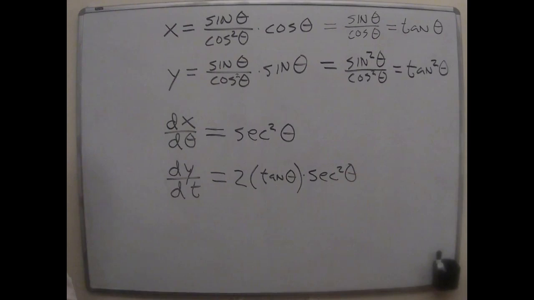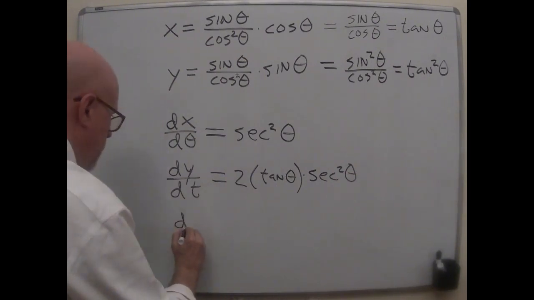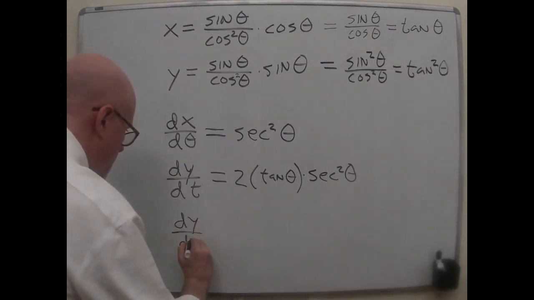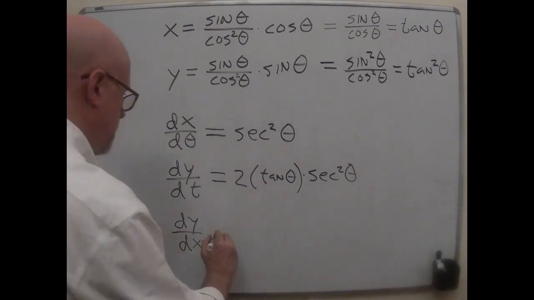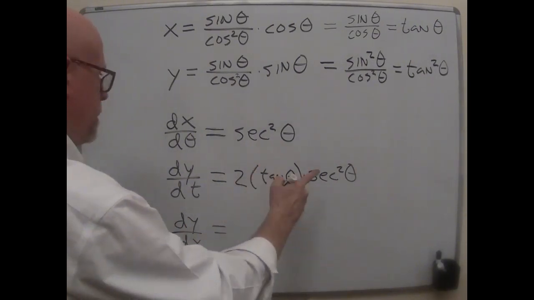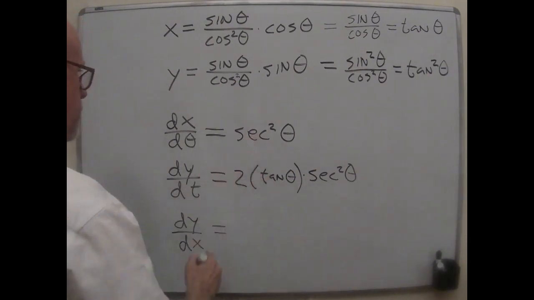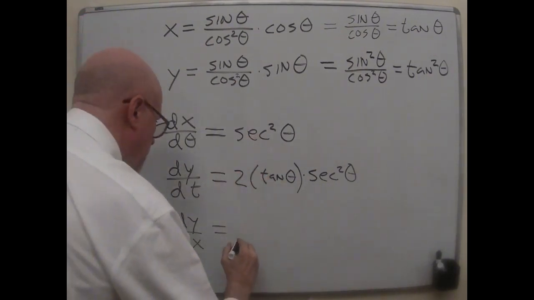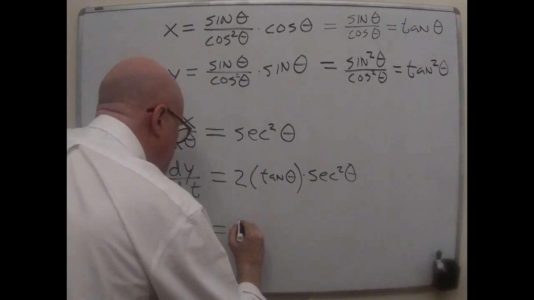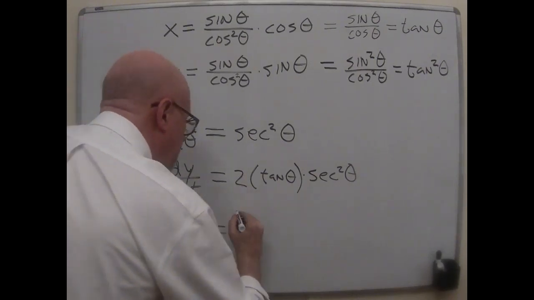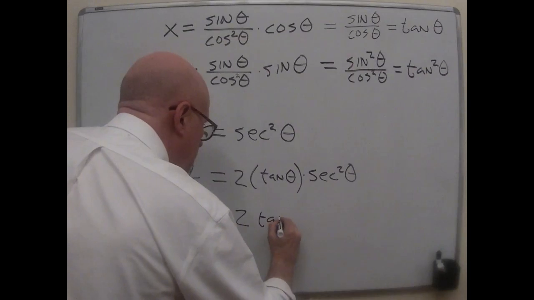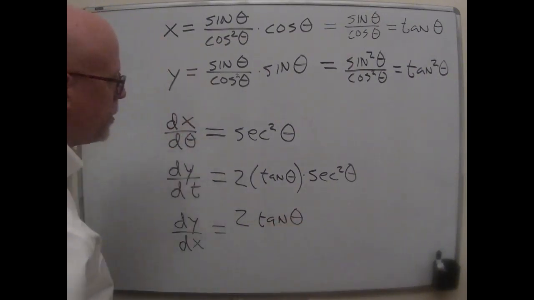So dy over dx is secant squared times 2 times tangent theta over secant squared.